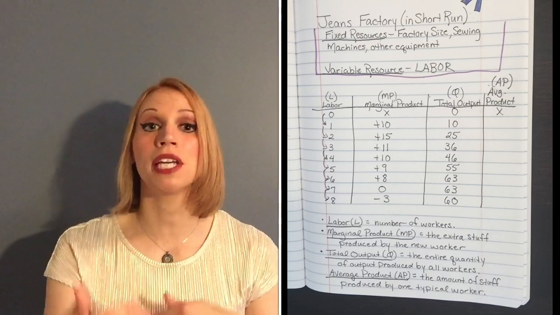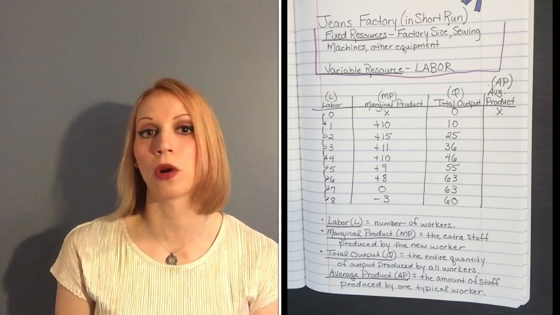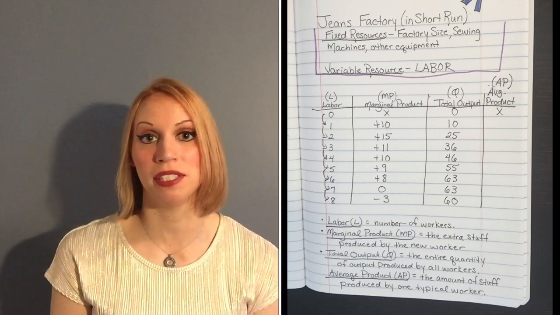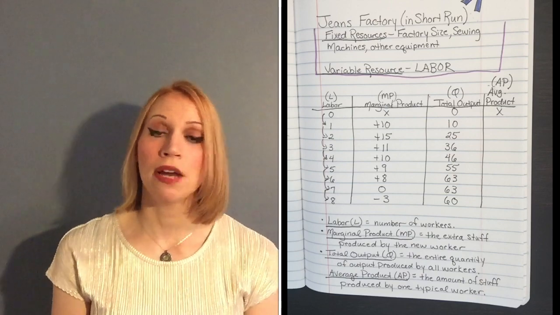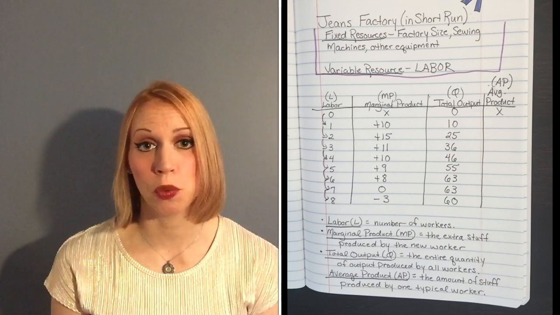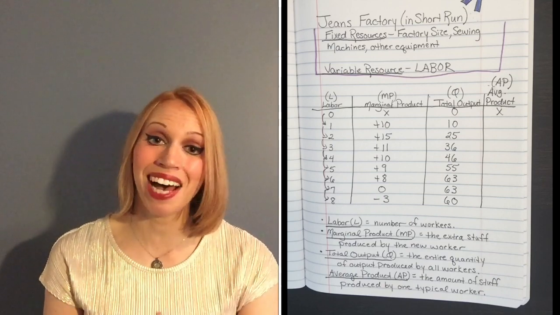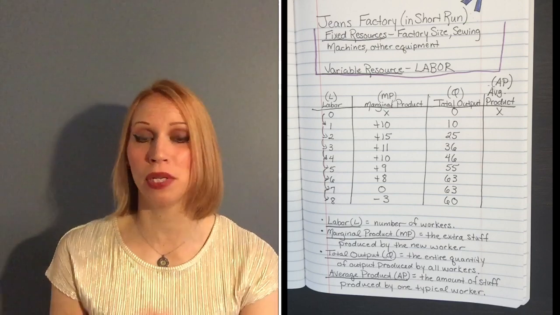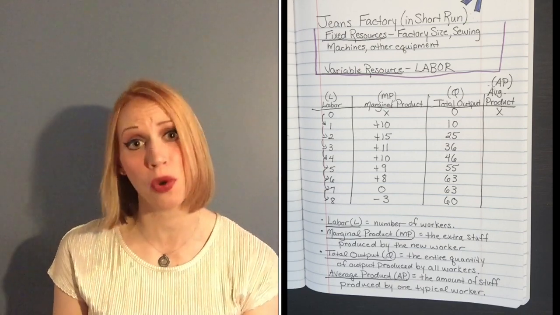So notice how we were talking about the contribution added when we hired each additional worker. That's marginal productivity. And then we had our overall total output. Now our overall total output is going to be represented by Q. The reason why it's represented by Q is because it's referring to the entire quantity of output that's being produced by our entire labor force. So this is our total output.